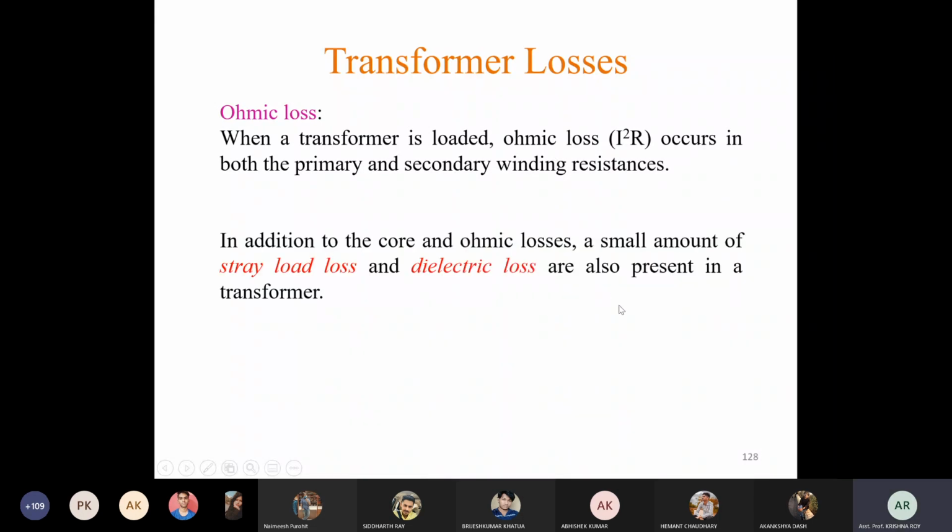In addition to these two main losses, there are some small amounts of losses which are very negligible, but still they are present. Two of these are stray load loss and dielectric loss. So what is this stray load loss?